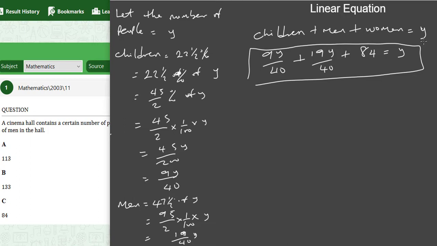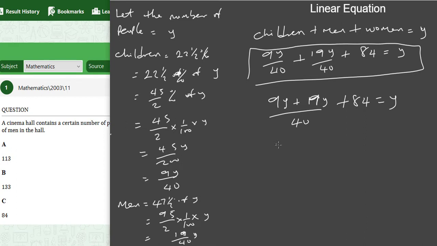So what do you do? You collect like terms. Since they have the same denominator, you just take 40, so this becomes 9y plus 19y. Note that if they don't have the same denominator, you will need to look for the LCM. So this is plus 84 equals y.